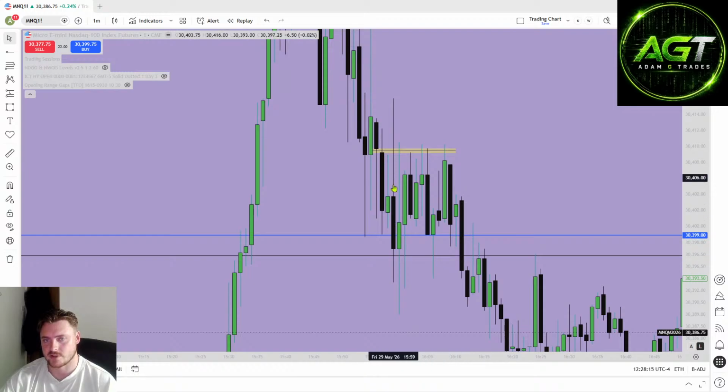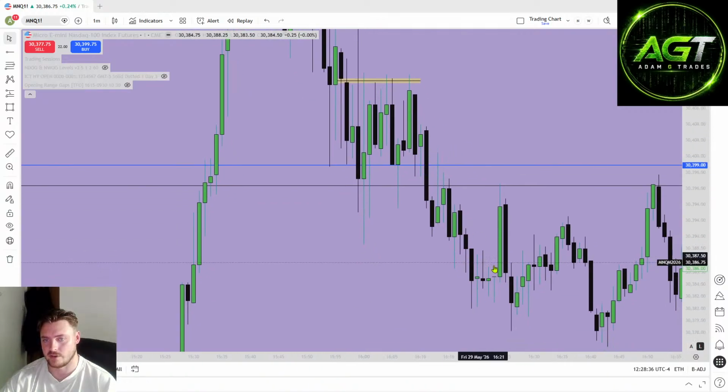You see the wicks trade through, trades up, trades up, trades up, but all the bodies of the candles stay below the volume imbalance. We've got multiple chances to get entry here, but the bodies can't even close in here. So that shows we're very bearish going down.